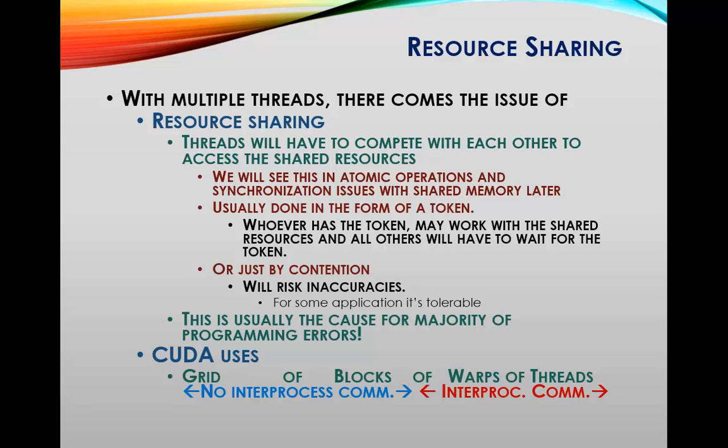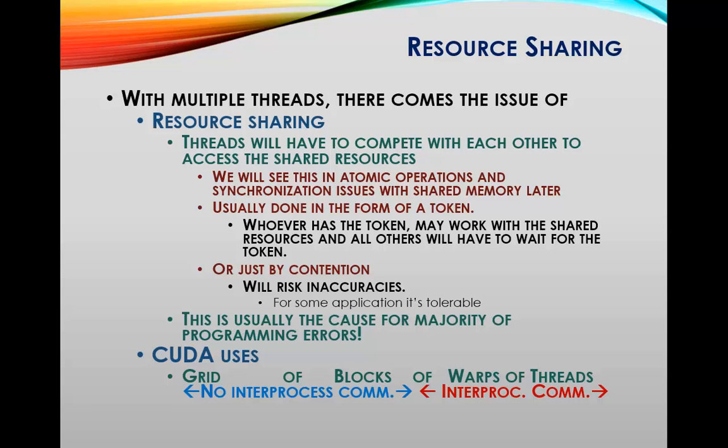The typical idea of resource sharing is through the use of something like a lock or a token. The way this works is that when you have a bunch of threads competing for access to a specific resource, the first one that gets access to the resource before it's locked is going to own that resource and lock it up so the others can't access it, and then it would do whatever it does to the resource.